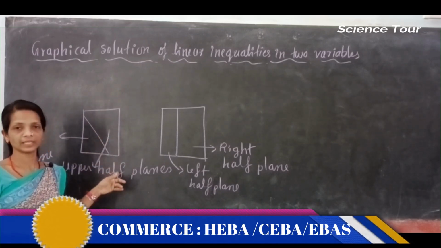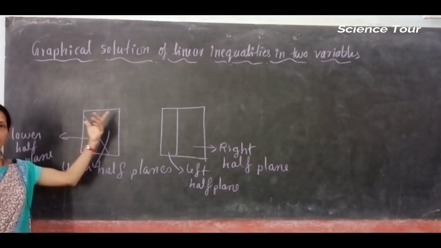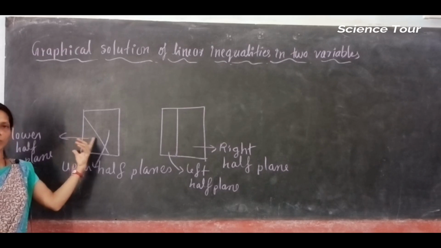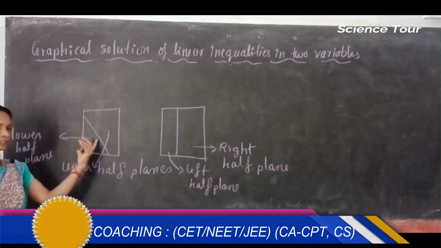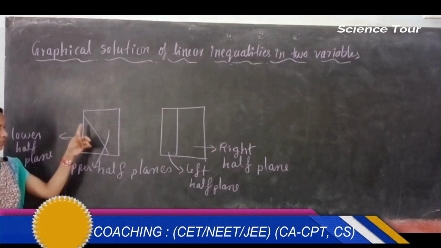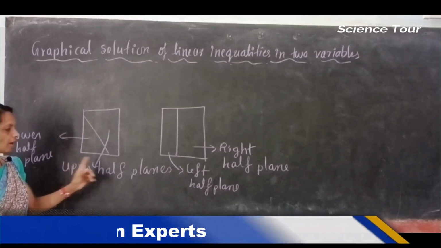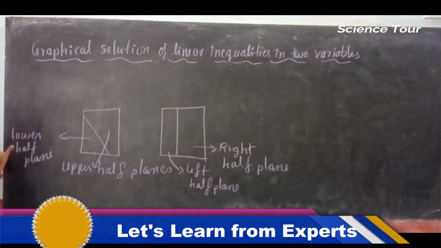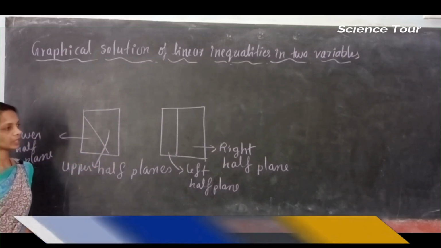So when you draw a non-vertical line, you have two parts, upper side one part, lower side one part. Because of this non-vertical line in a plane, you have an upper half plane in the upper place and a lower half plane in the lower place of this non-vertical line.